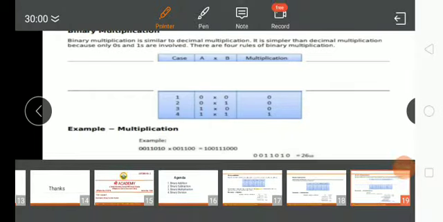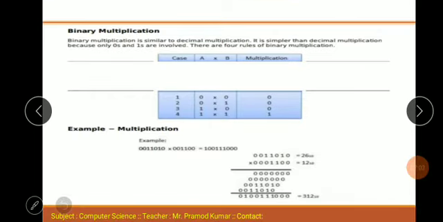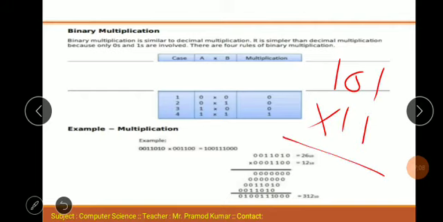Simple example here again: 101 multiply by 11. 1 multiply 1, 1. 1 multiply 0, 0. 1 multiply 1, 1. Again 1 multiply 1, 1. 1 multiply 0, 0. 1 multiply 1, 1.